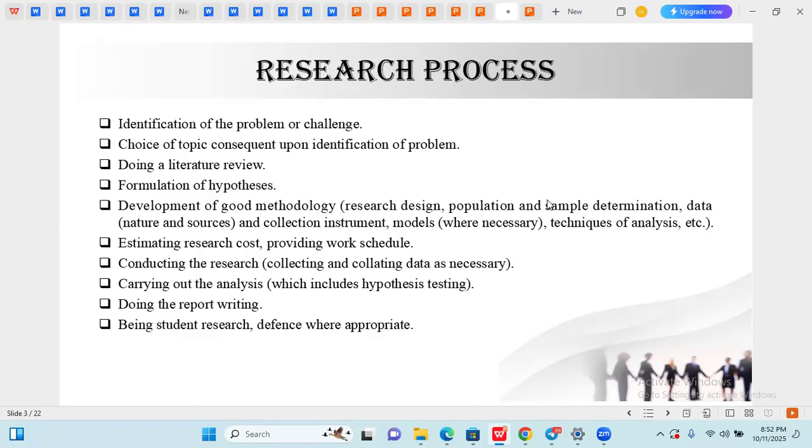So let's move further. Research process. Identification of the problem or challenge. Anytime I'm doing a research training for people, I tell them this is a major factor. Identification of the problem or challenge. Are you with me?